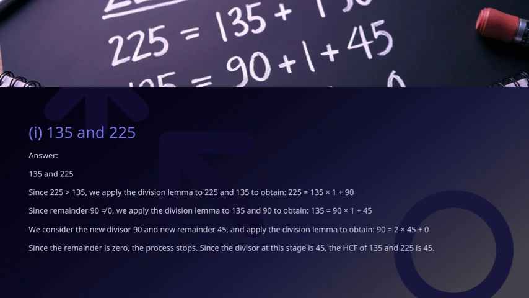Doing so, we get 225 equals 135 times 1 plus 90. So, to summarize, these steps, applying the division lemma repeatedly, are how we systematically find the HCF of two numbers. The key takeaway here is understanding how the remainders get smaller each time, guiding us to the greatest common divisor.